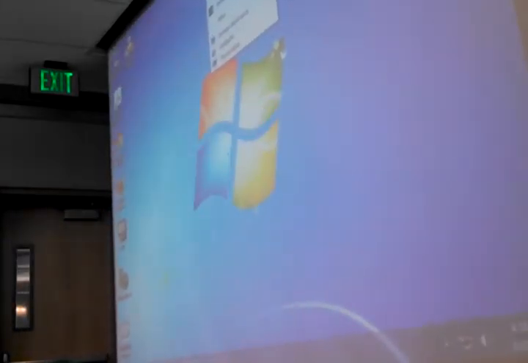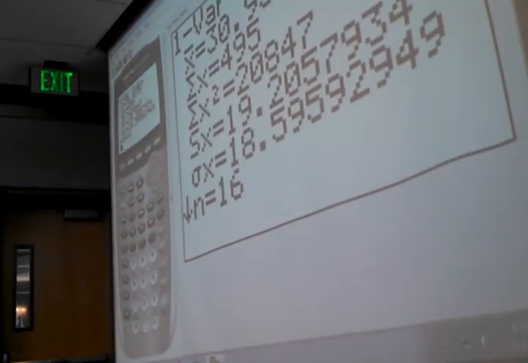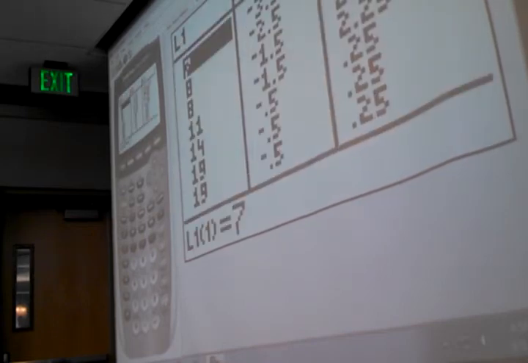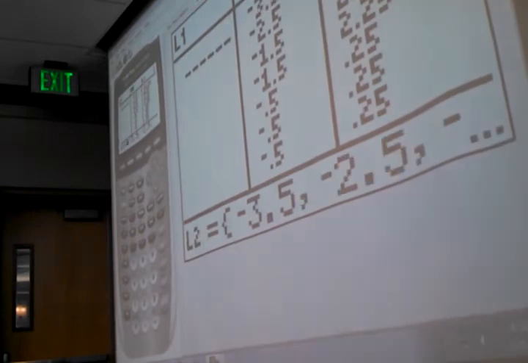All right, let's do this on the calculator here. Here, you guys help me out. Let's make a list of data that we think is going to have a standard deviation of like 5.